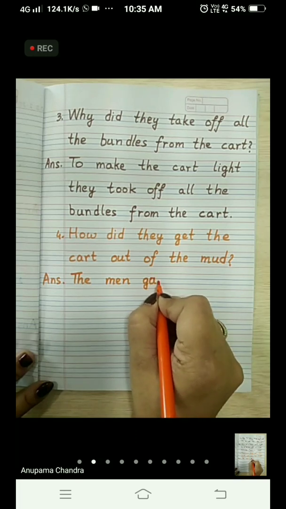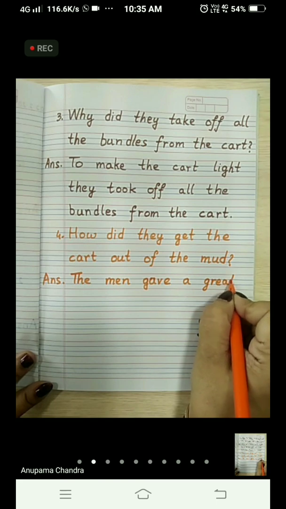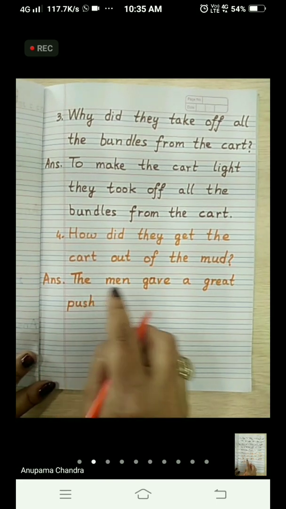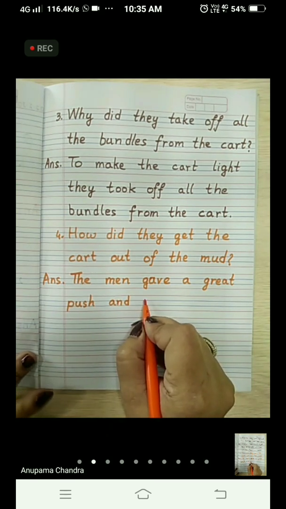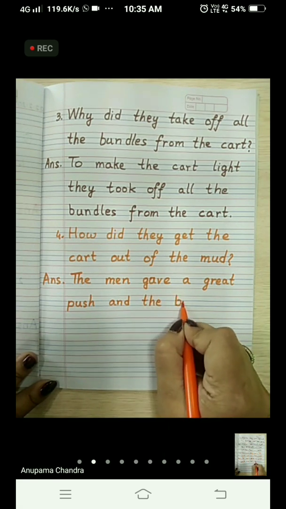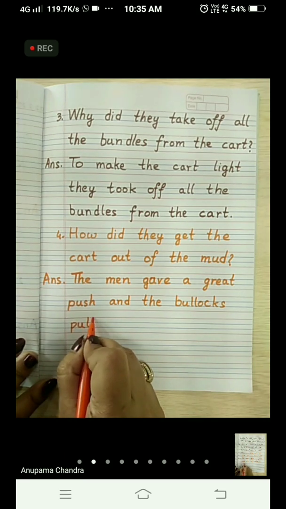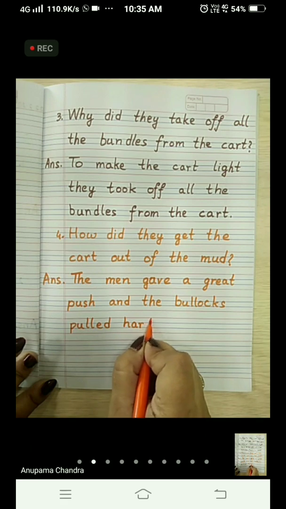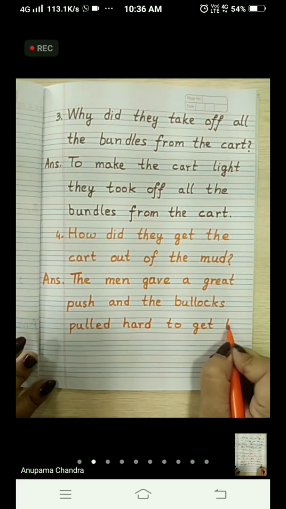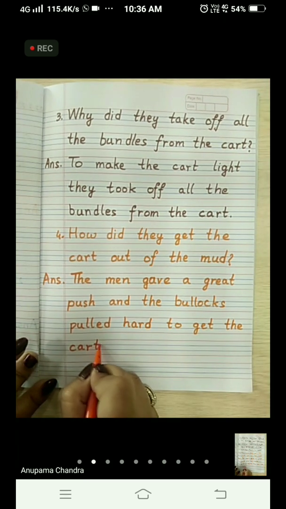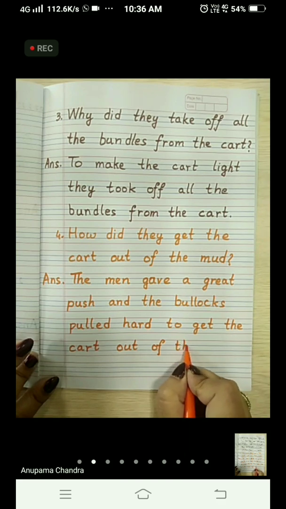The men gave a great push and the bullocks pulled hard to get the cart out of the mud.